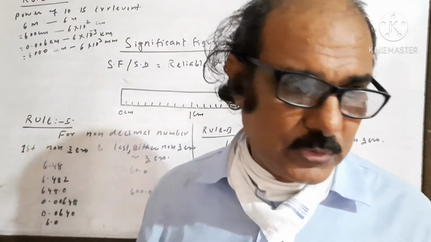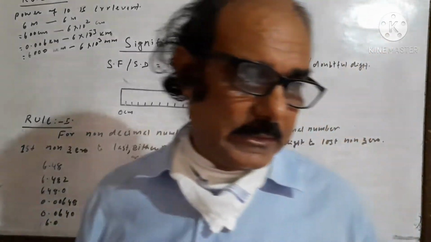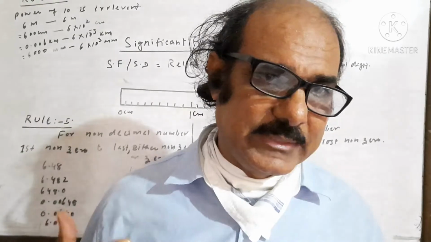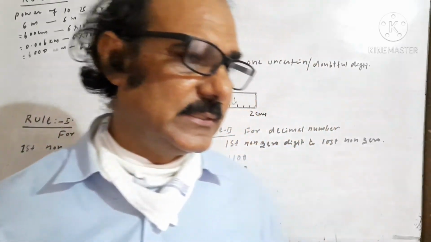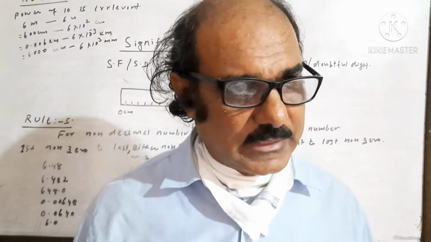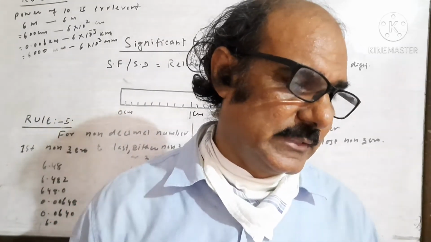Today I am going to discuss significant figures, also known as significant digits. How many significant figures, how many significant digits are in any number, whether the number has a decimal or doesn't?